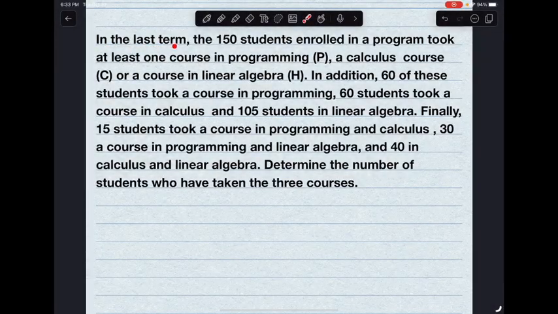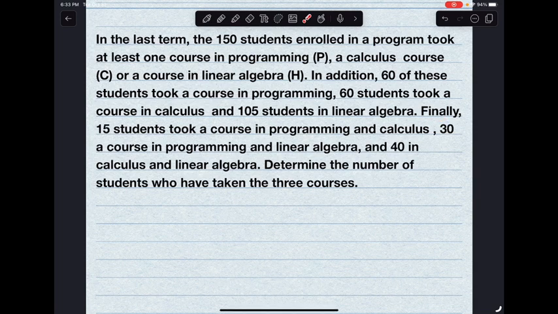In the last term, the 150 students enrolled in a program took at least one of the courses: programming, calculus, or a course in linear algebra. In addition, 60 of these students took a course in programming, 60 students took a course in calculus, and 105 students in linear algebra.